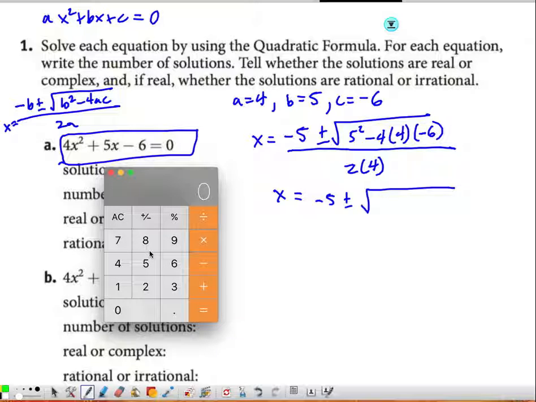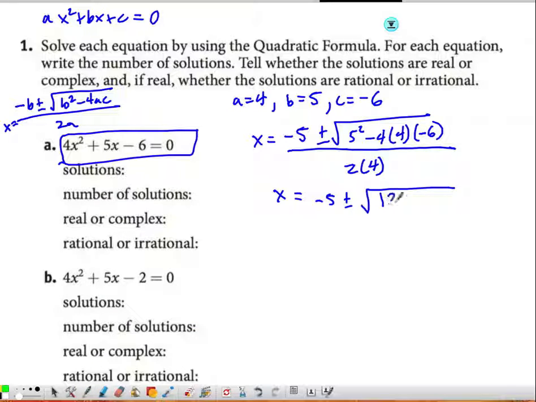This isn't working out. 4 times 4 is 16. 16 times -6 equals -96. So 25 minus -96 is positive 121. Okay, that took a while. 121, all over 2 times 4, which is 8.